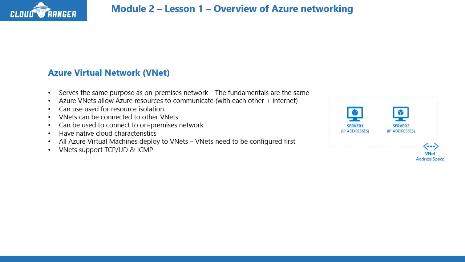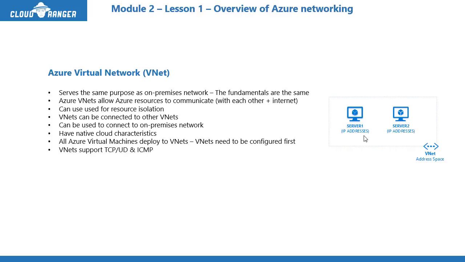While the virtual network is very similar to the on-premises network, it has its native cloud characteristics, and more when we build virtual networks or when I explain more about that, you'll understand some of the things that are very unique to the cloud architecture in general. Okay. All Azure virtual machines deploy to a VNet. So if I wanted to deploy server one by itself, you cannot just do that.